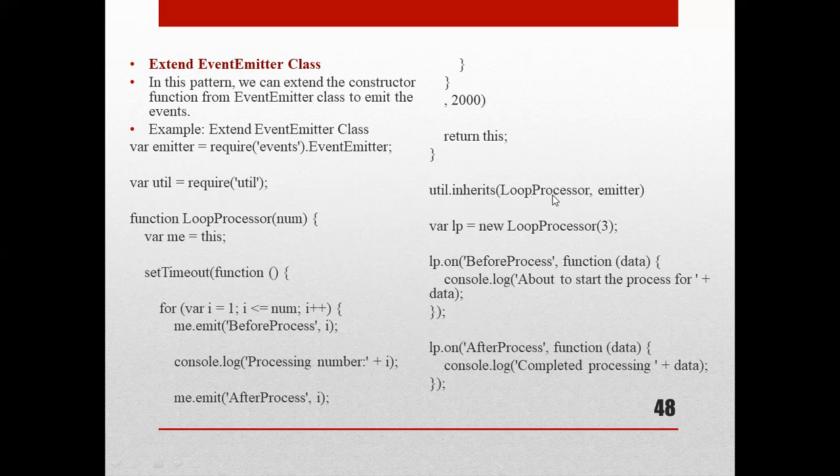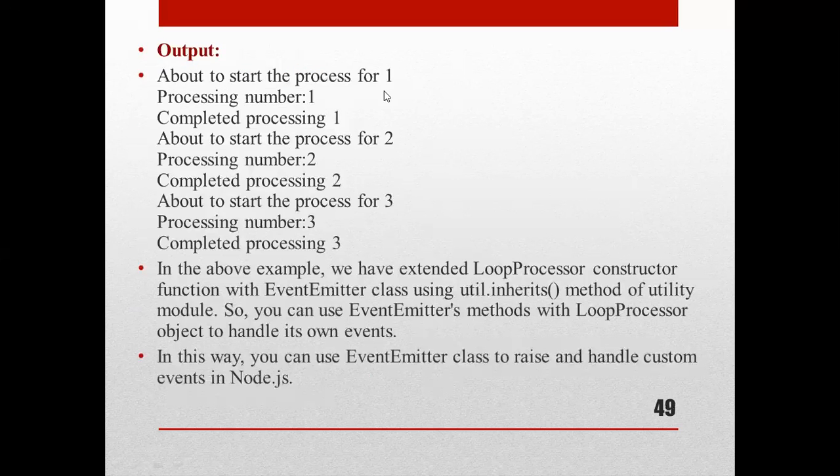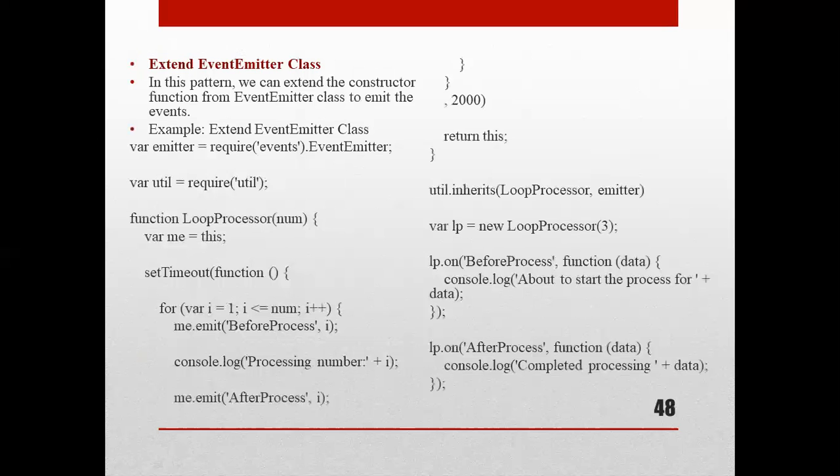So after executing this code, what will we get? We will get the output like about to start the process for one. We will get a similar output, but what is the difference between returning the event emitter and extending the event emitter class?